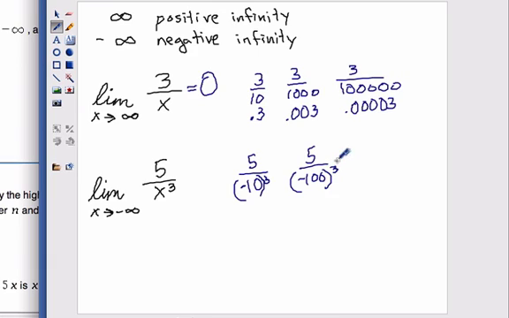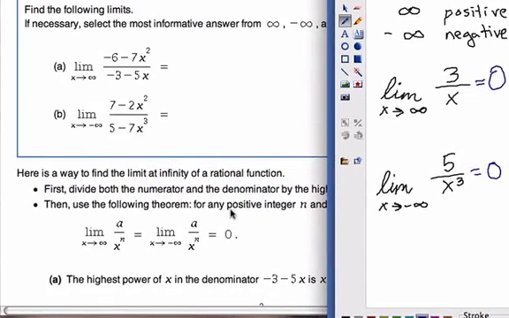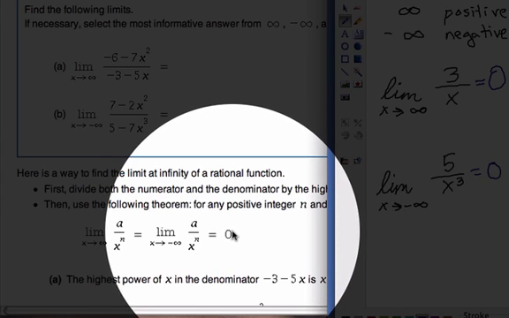What's happening to this? It'd be a negative 0.005, and then it's just going to be a smaller and smaller number, closer and closer to 0. So that's what this part represents.